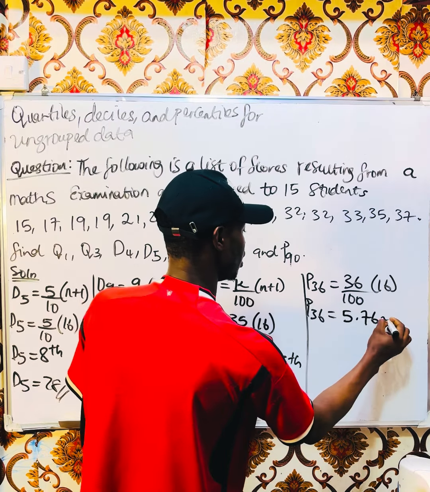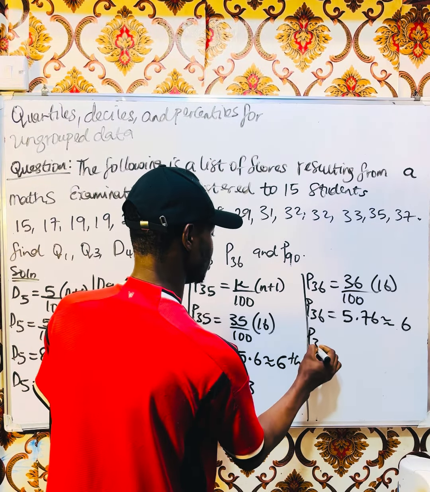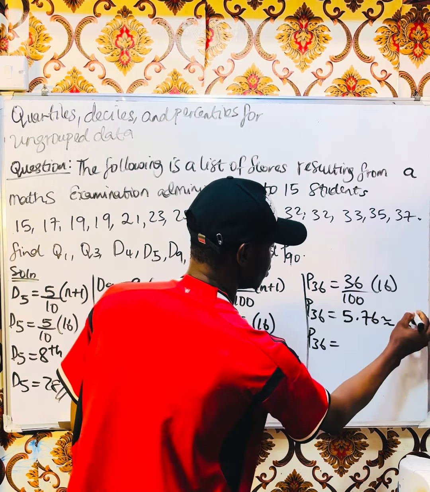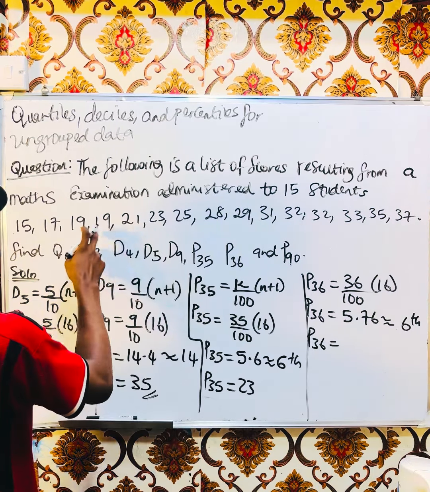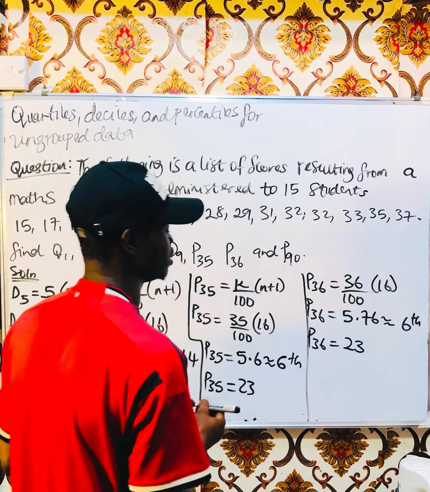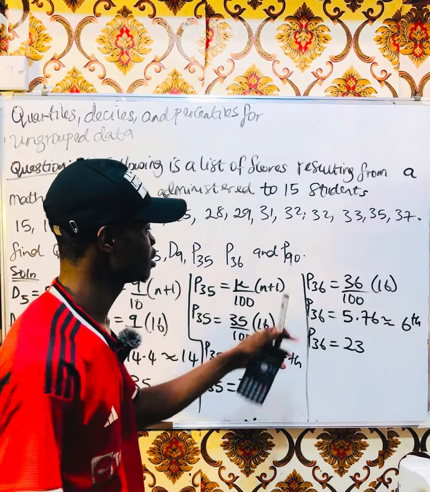So approximately 6. So my P36 will be the sixth position, which is 1, 2, 3, 4, 5, 6, the same 23. Same 23, right? So let's look for P90.